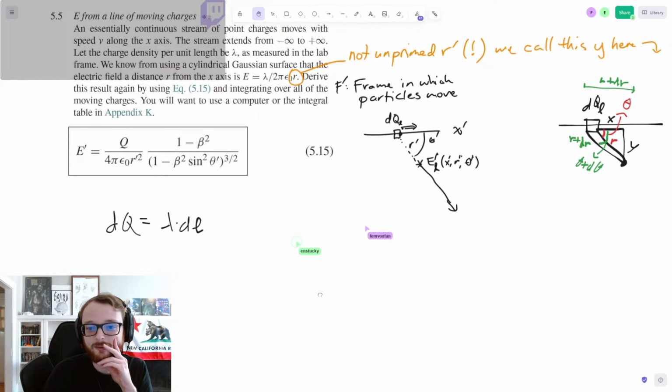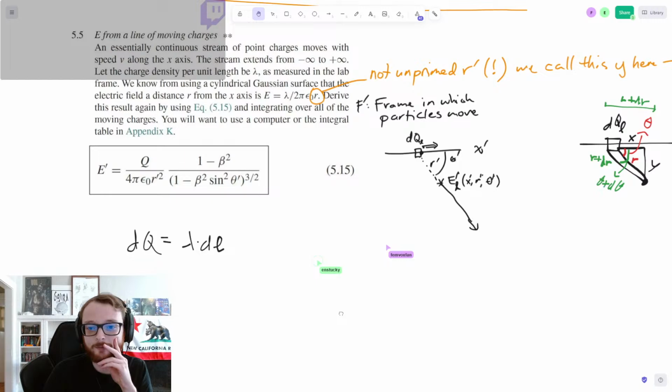This DQ and lambda are in the lab frame, not in the primed frame. Well, I guess the L, we were doing it implicitly in the primed frame, and we should have been more specific about that.